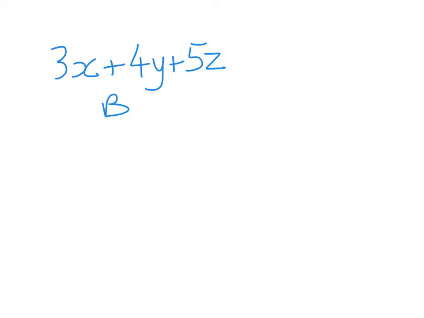Alright, so we want to say that they have more B decorations. So which way around is it? Let's see. More type B decorations than type A decorations. So 3x plus 4y plus 5z, that's my B decorations, has to be greater than the A decorations, which is 6x plus 2y plus 2z.